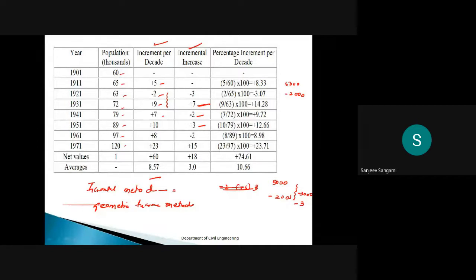Then from 7 to 10,000 it is again an increment. So that is 3000. Then 10 to 8 again it is decreased here. Very important. Again from 10,000 it is decreased, so it will be 2000. Then from 8 it will be increased again. That is 15,000.